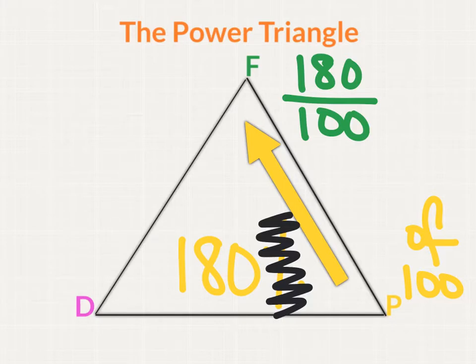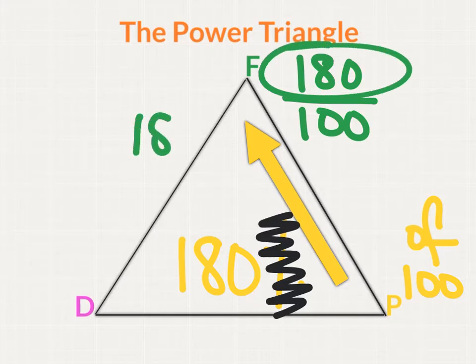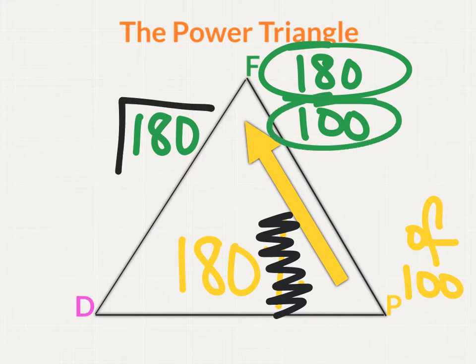So the way that I do that is I divide my numerator of 180 by my denominator of 100. The denominator stays outside. I can't make any groups of 100 from 1, nor can I do it from 18.